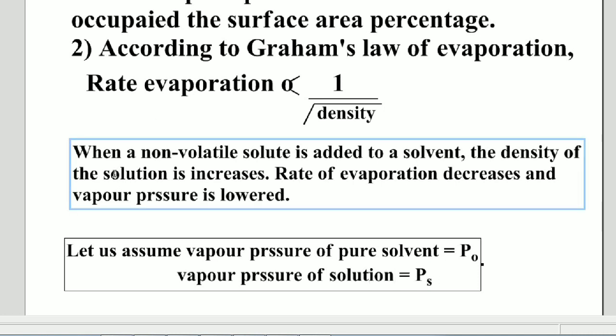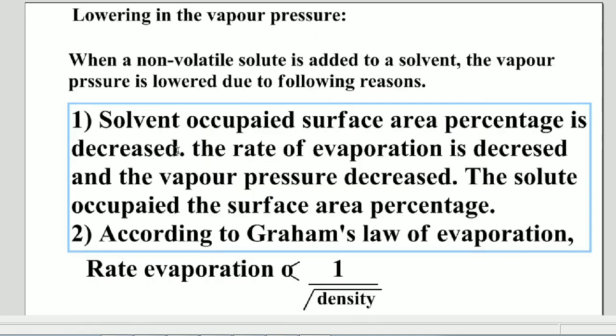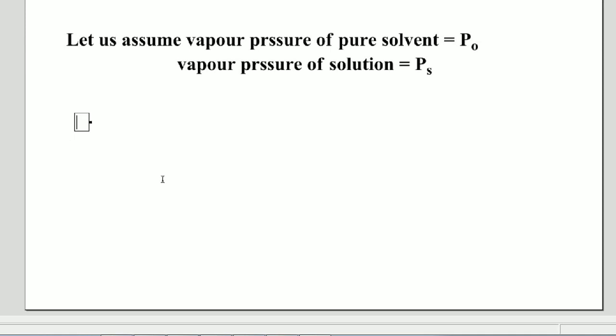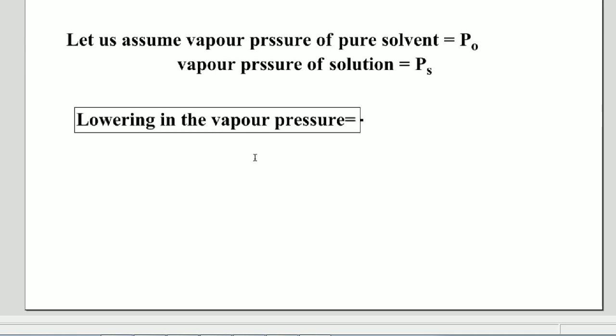Then the lowering of vapor pressure is nothing but the difference between the vapor pressure of the pure solvent and the vapor pressure of the solution. Therefore, students, lowering of vapor pressure is equal to P naught minus Ps.